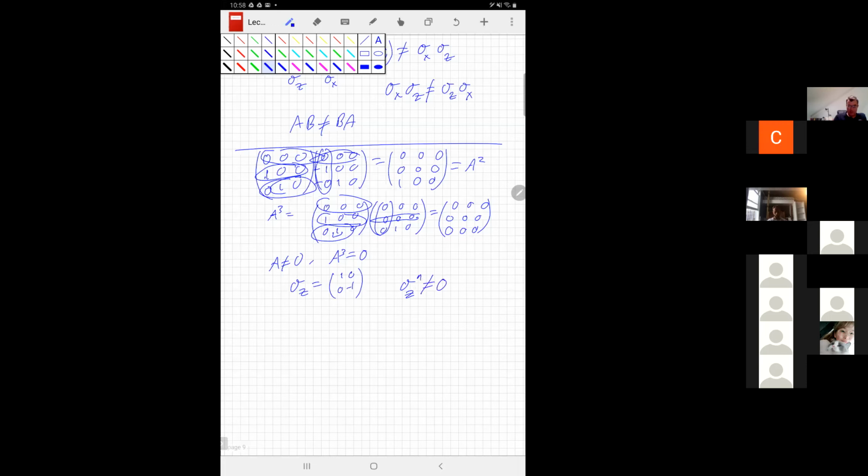I have a quick question, if you don't mind. Charles? Yeah, the matrix where you got A cubed, the second matrix, is the one supposed to be in the bottom middle, or is it supposed to be in the bottom left? Oh, shoot, you're right.